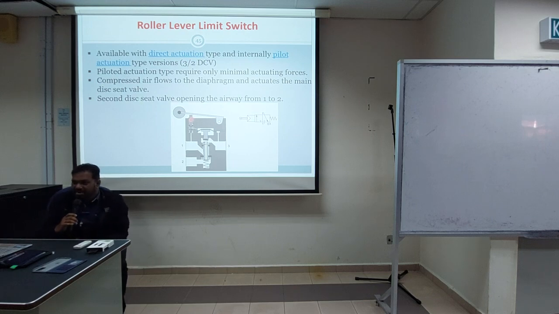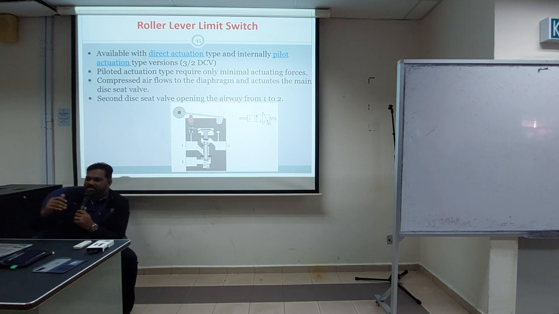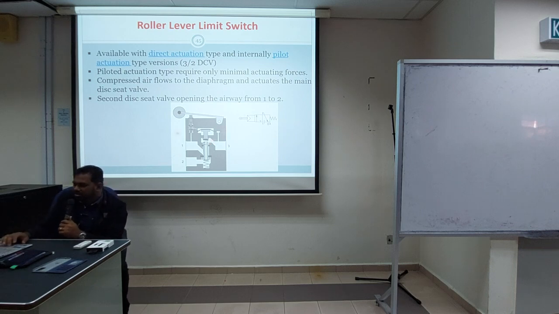So it's using a mechanical concept based on the extension and retraction. Okay, so normally what we will do, dekat tempat fully extend, dia letak satu, fully retract letak satu. So it will detect. So if fully retract, it will detect. Fully extend pun dia akan detect. So ada 2, which will give input to control your cylinder.